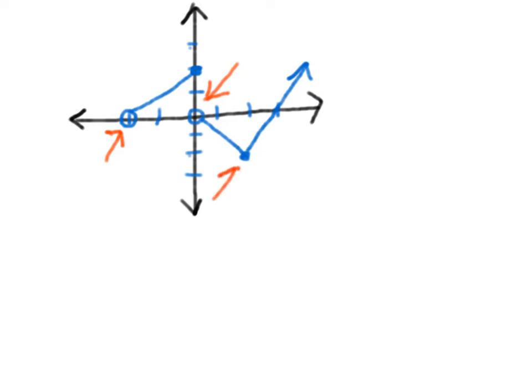Look at this one. As x approaches 2, there is a closed hole, and whether you approach it from the left or the right, you can get to the point. There's only a single value when x is approaching 2, and that's -2. So it is continuous at that point.